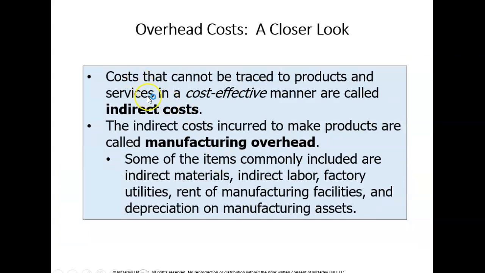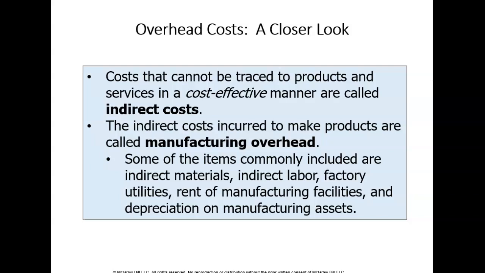Okay? Indirect costs. What are those? Indirect costs are costs that cannot be traced to products and services in a cost effective manner. So remember, for this example, we're making those beautiful tables that we saw.